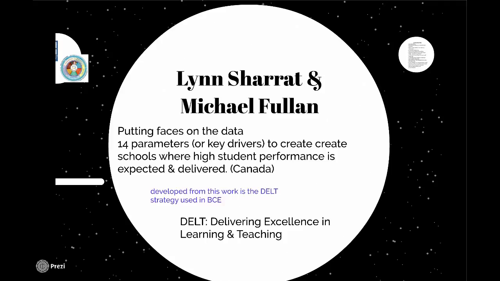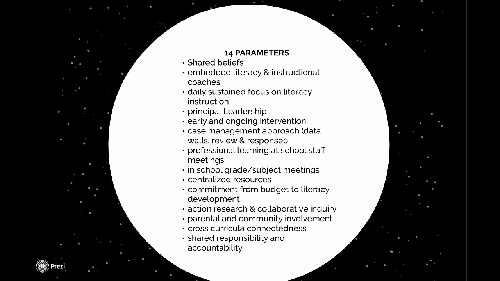Again, you'll be familiar, but it's worth looking at. Sharratt and Fullan have suggested about 14 parameters or key drivers to create schools where high student performance is expected and delivered. The work, of course, came out of Canada and I think Great Britain as well.